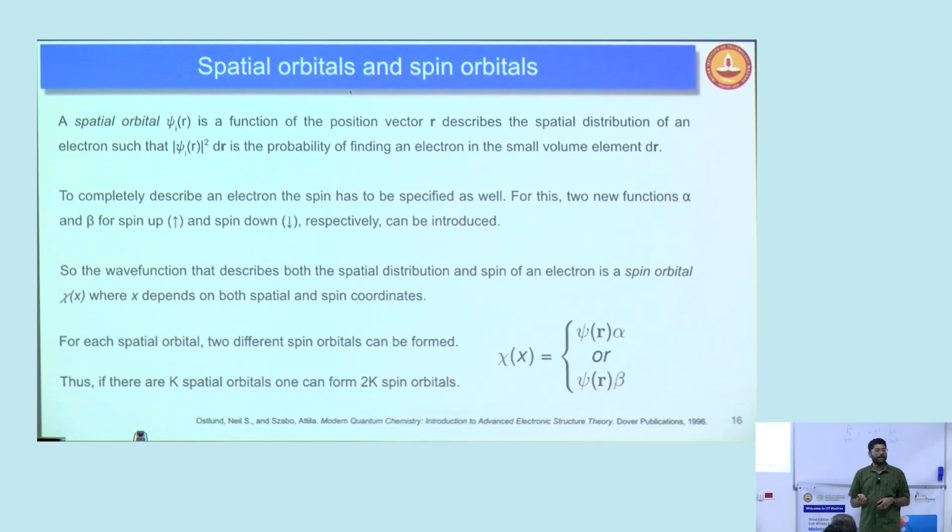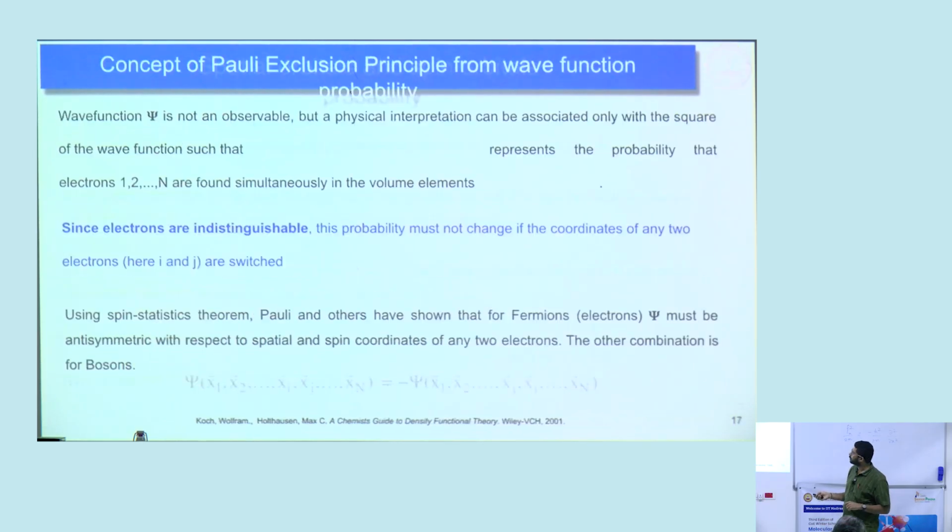Sometimes it will be written as x. So the spatial component multiplied by the spin component is what is called the spin orbital. Spatial orbitals, as you know, are just the s orbital, p orbital, etc. Those are the spatial orbitals. These are generally obtained by solving one electron systems. And spin orbitals are the ones that you need because systems contain electrons and electrons contain spin.